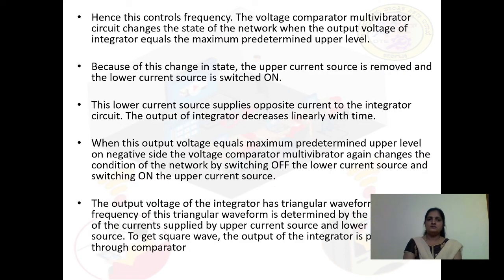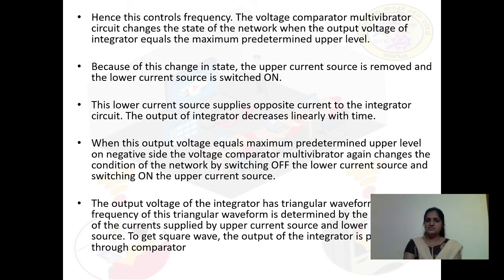So hence it will control the frequency, and here the voltage comparator multivibrator circuit changes the state of the network when the output voltage of the integrator equals the maximum predetermined upper level. Once this reaches the predetermined upper level, automatically the voltage comparator multivibrator will change the state of the network from the positive current source to the lower current source.